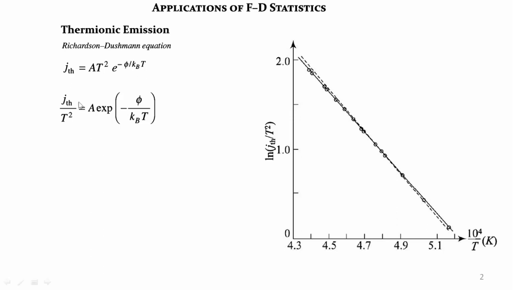Then we can plot this function, J thermionic over T squared. What we can get out of it, that data is going to be very interesting. Okay, let us first see a little mathematical manipulation, and then we will move to the physical aspect of this.